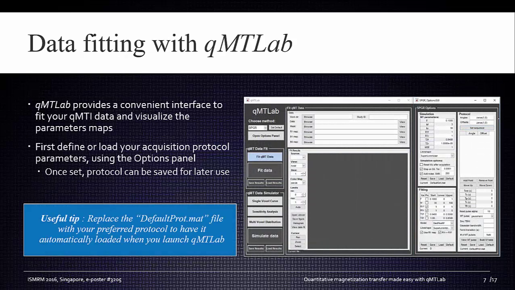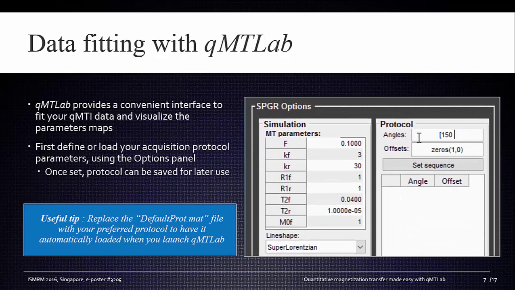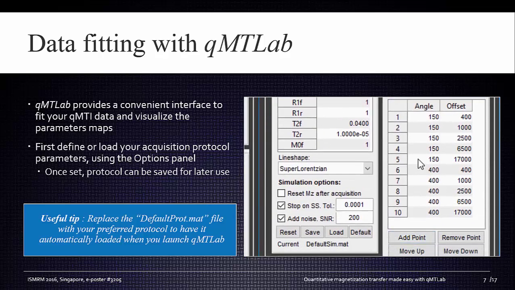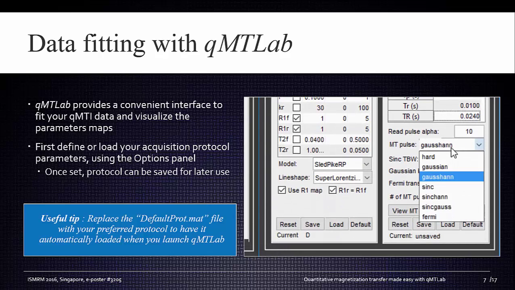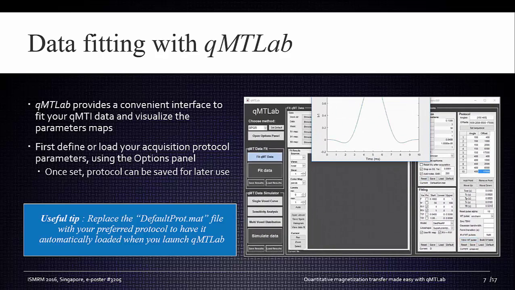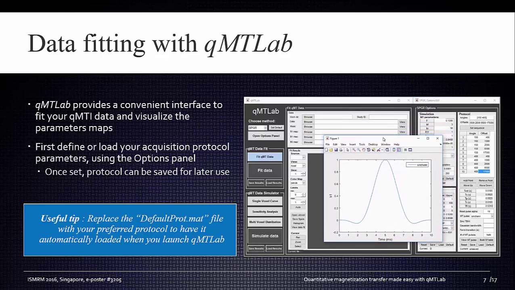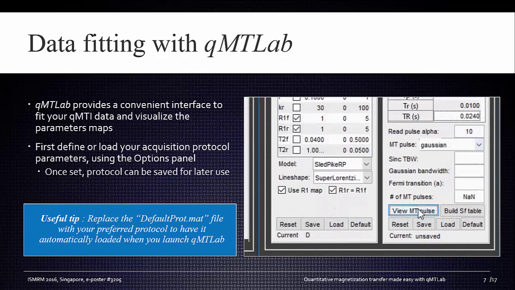So how do you use qMTLab to fit your data? Well, first you have to define your sequence protocol. It's very easy to define using the graphical user interface. You can set your protocol, for example, set the MT pulse shape.